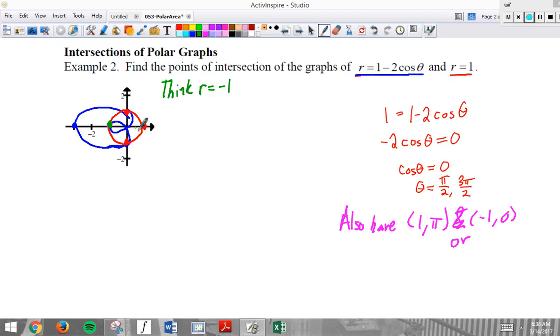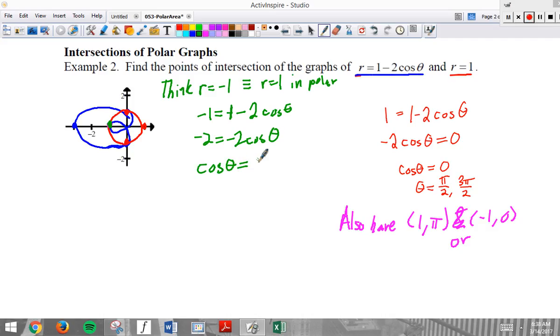R equals negative 1 is equivalent to r equals 1 in polar. Negative 1 equals 1 minus 2 cos theta. Negative 2 equals negative 2 cos theta. Cos theta equals 1. Theta equals pi. Okay? That's the algebraic way to do it. There's a graphical way to do it too, but it requires you to know the limaçon has an inner loop and everything.